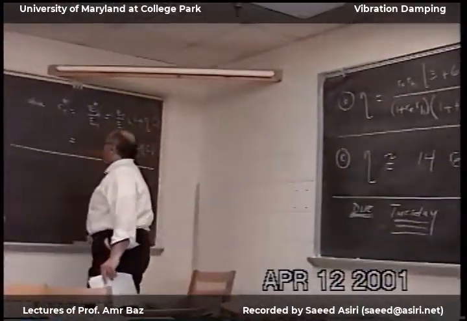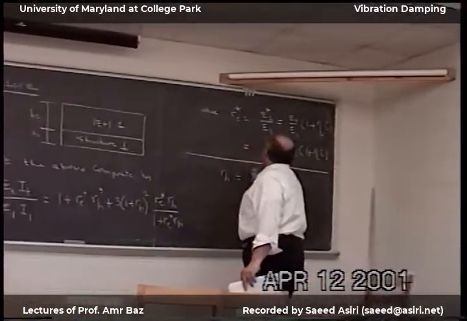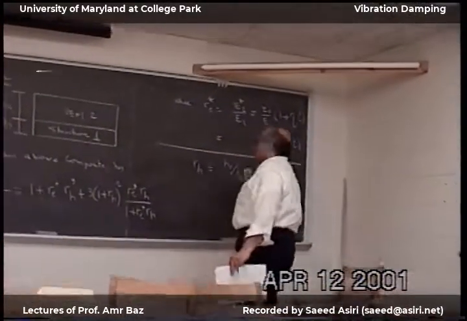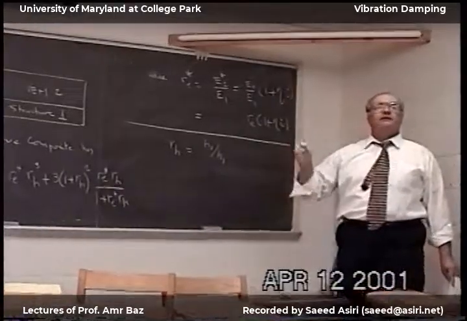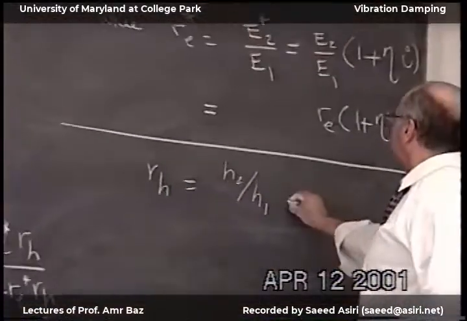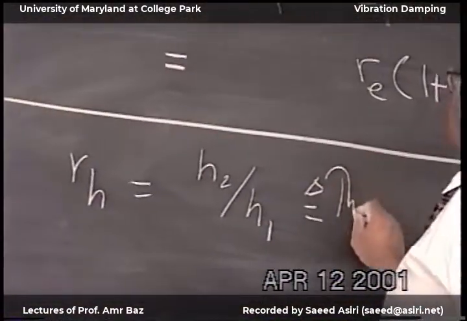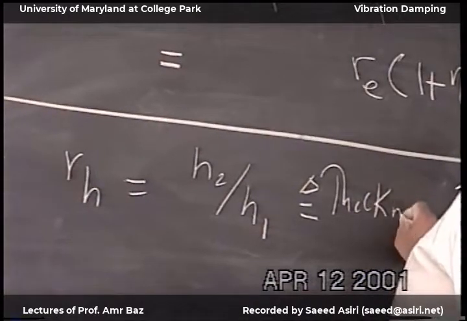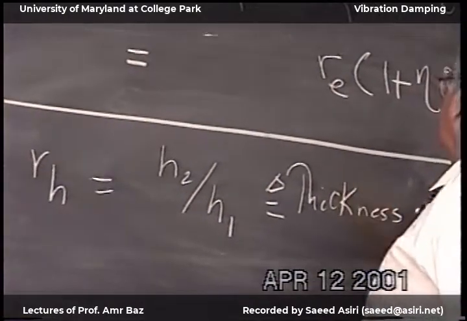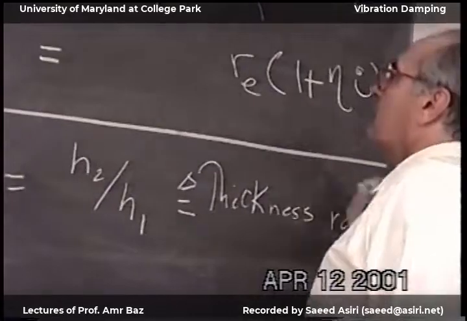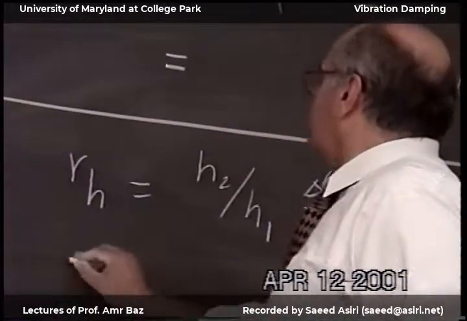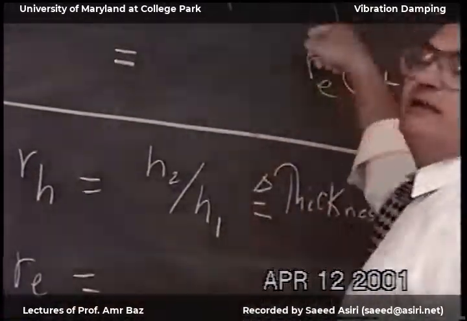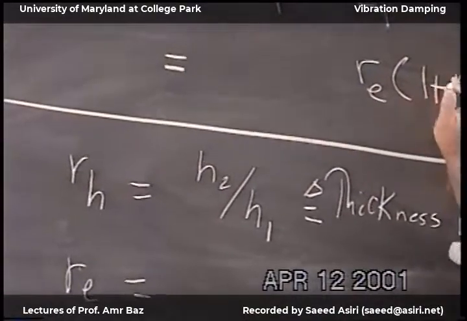Where RH is equal to H2 over H1, the thickness ratio. And the RE is the Young's, the storage modulus ratio.